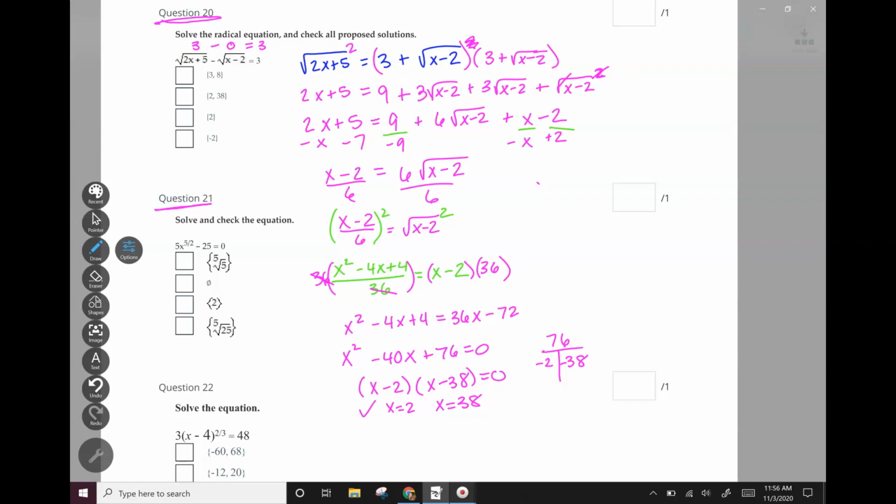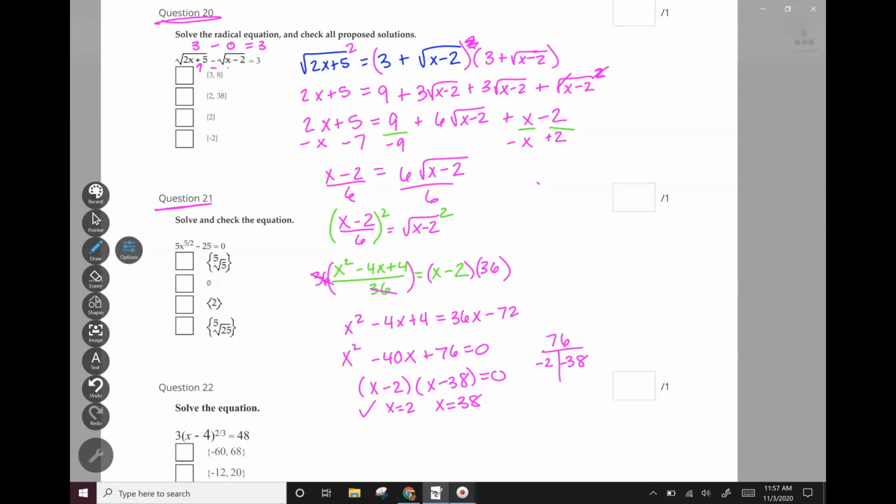Now the 38, so you've got 38 times 2 plus 5, just plugging that back in. So you've got the square root of 81, which is 9. And then I've got minus, 38 minus 2 is 36.